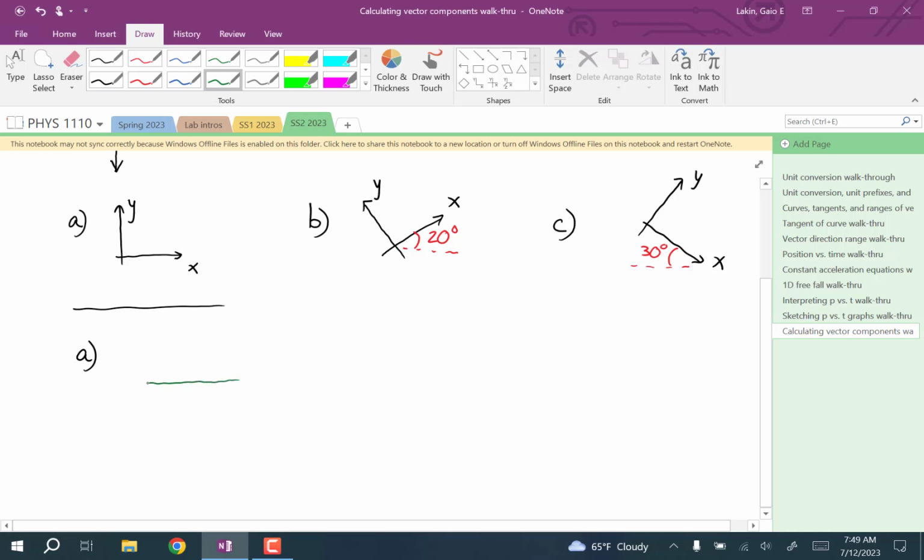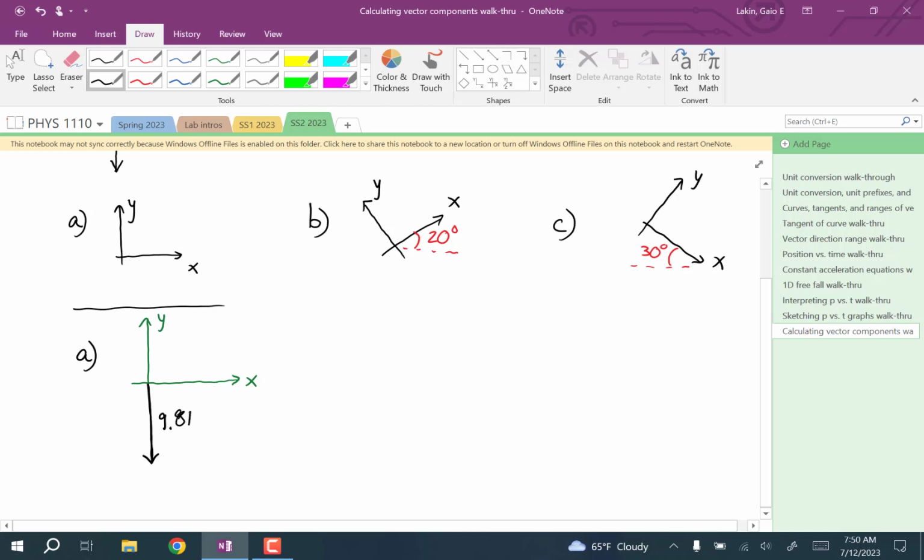So here's our coordinate system. Pause the video and put the vector tail at the origin of the coordinate system. Okay, so there's the vector. It has a magnitude of 9.81.